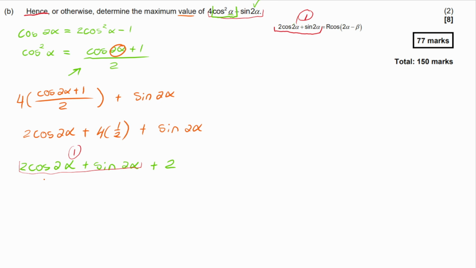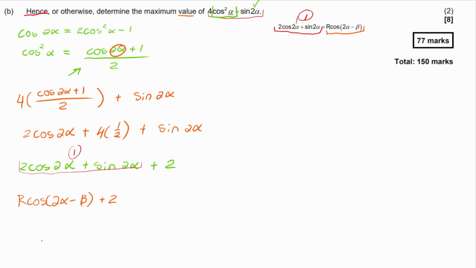All right. So I can replace this 2 cos 2 alpha plus sine 2 alpha with r cos of 2 alpha minus beta. So I can replace this with that thing on the right, and I'll get r cos of 2 alpha minus beta, plus 2.